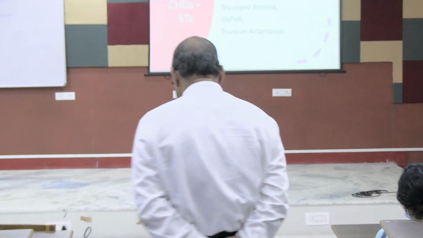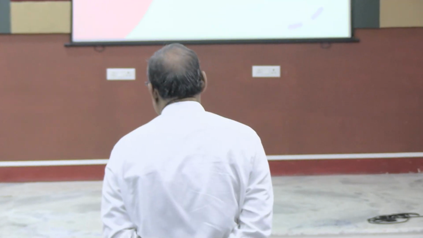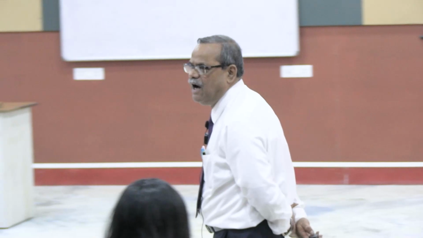But in total anomalous pulmonary venous return, all the pulmonary venous blood drains into either the superior vena cava, the right atrium, or the inferior vena cava.